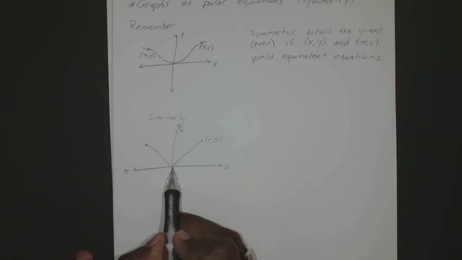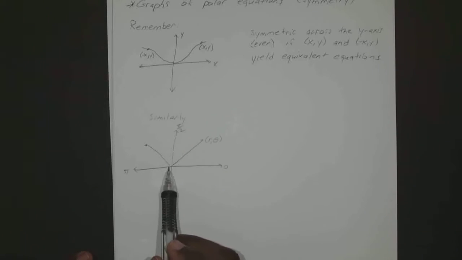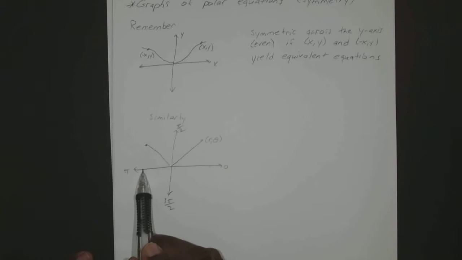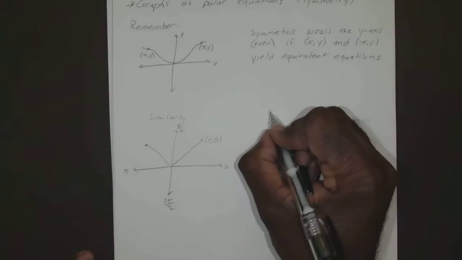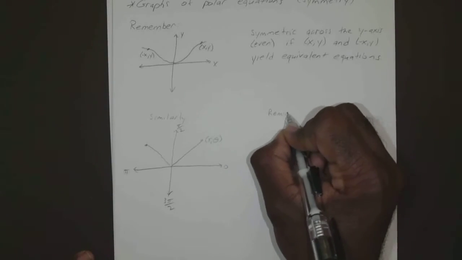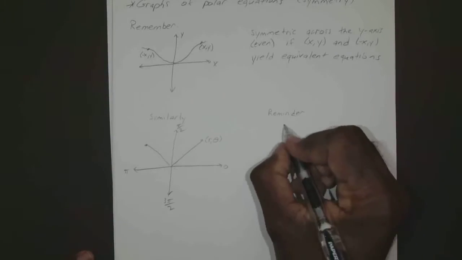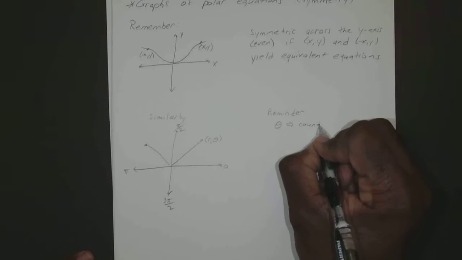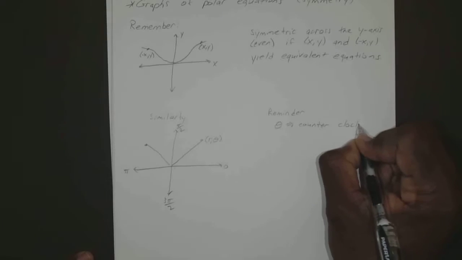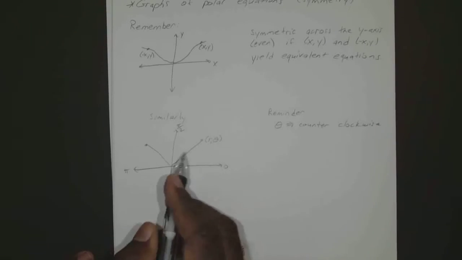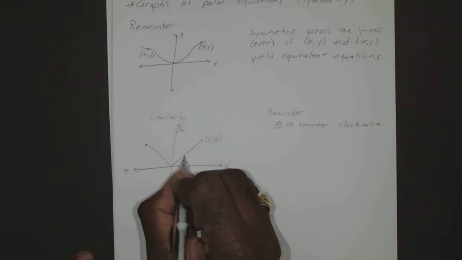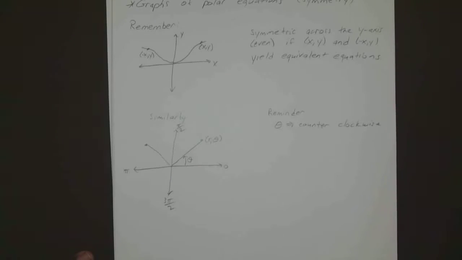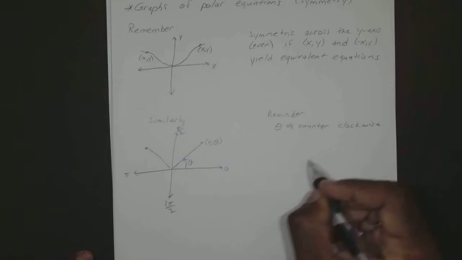Okay, in this case, let's say instead of r and then theta, we go negative r. Quick little reminder that theta is counterclockwise. So remember, theta goes that way. And negative theta is clockwise.